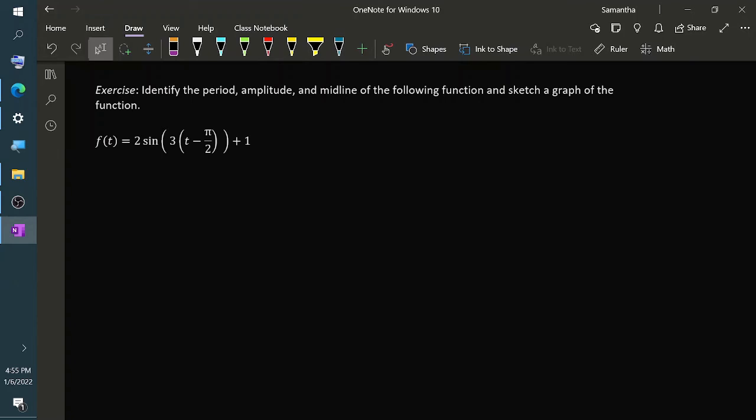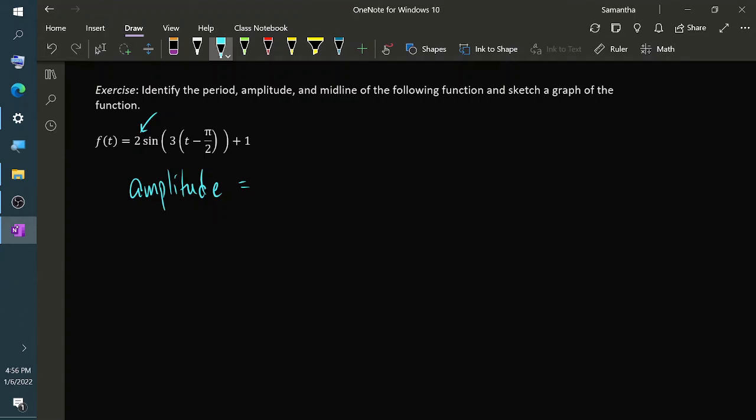So the amplitude would be equal to the absolute value of this number out in front multiplied by sine on the outside. Of course, the number is already positive, so we don't need to apply the absolute value to make it positive so that it makes sense as an actual distance.